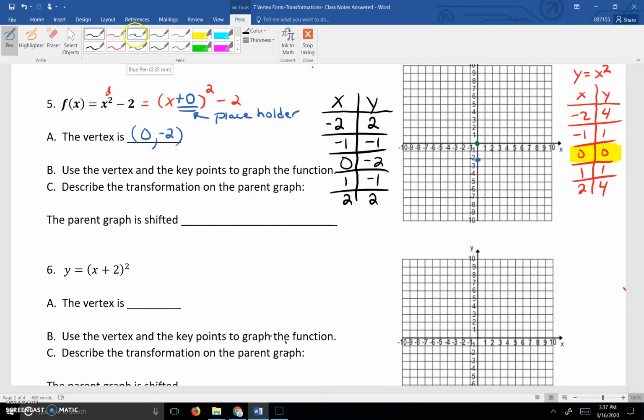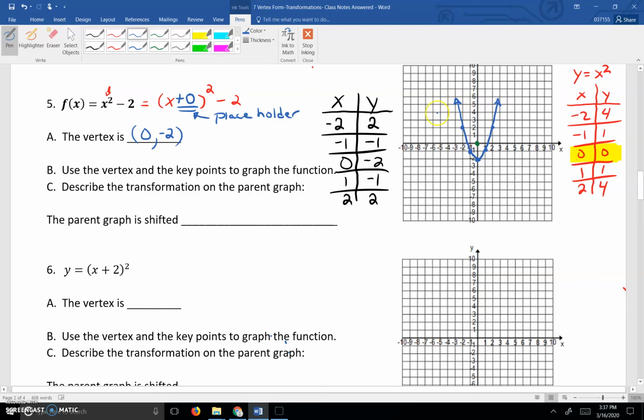I'm going to graph that function. So I have negative 2, positive 2 right here. Negative 1 here. 0, negative 2 we already put on the graph. 1, negative 1, and 2, 2. This is my new function.